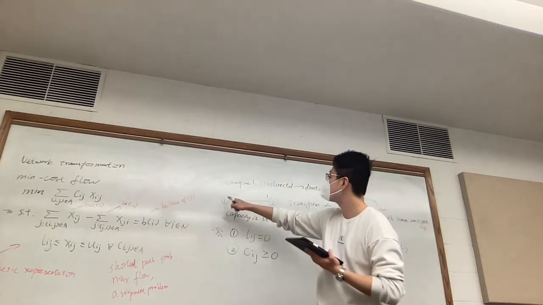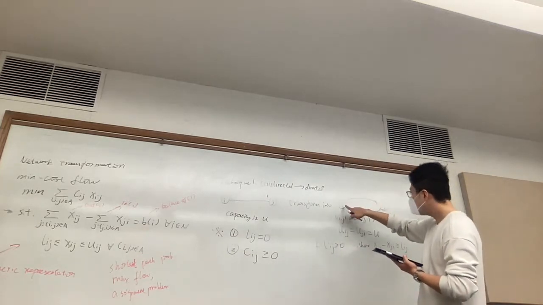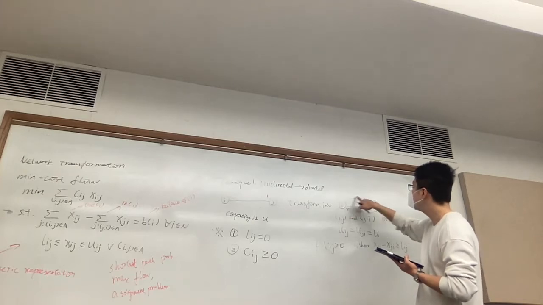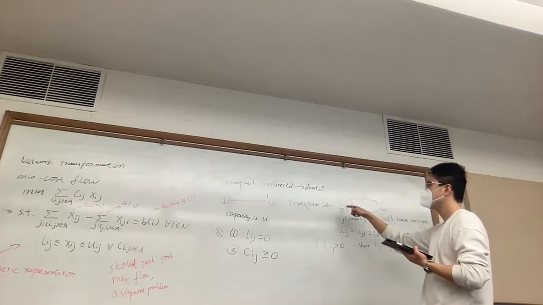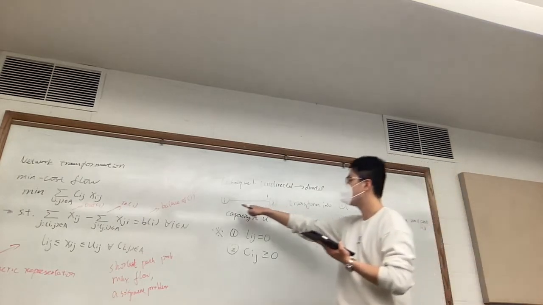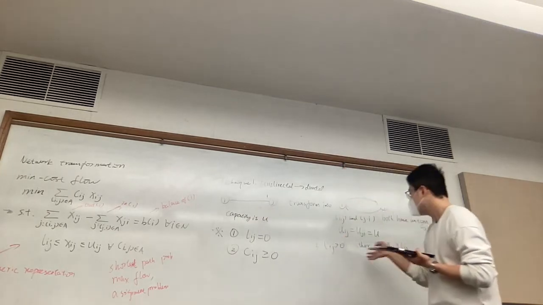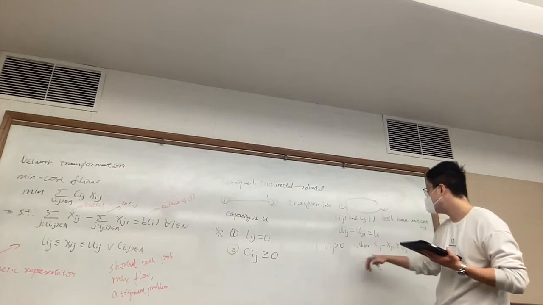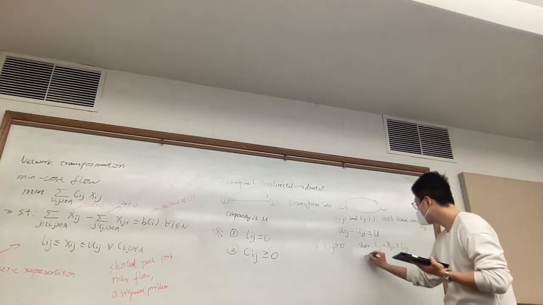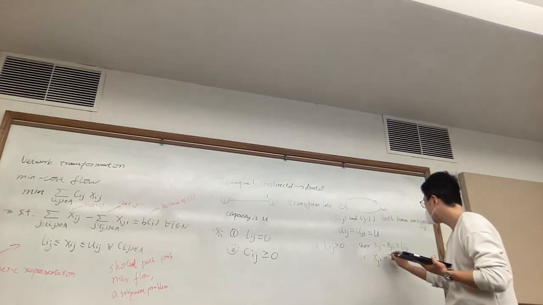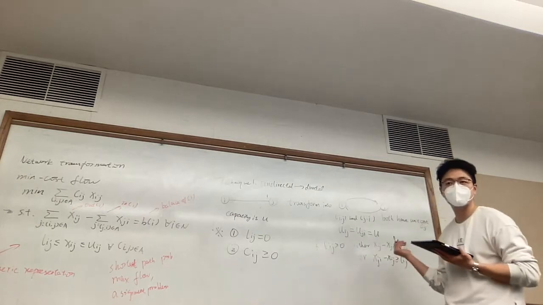So if in this problem there are two units of flow from I to J and 1 unit of flow from J to I, then it is equivalent to 1 unit of flow from I to J in the original problem. So if Lij is greater than 0, then either Xij minus Xji is greater than or equal to Lij, or Xji minus Xij is larger than or equal to Lij. Is that clear?